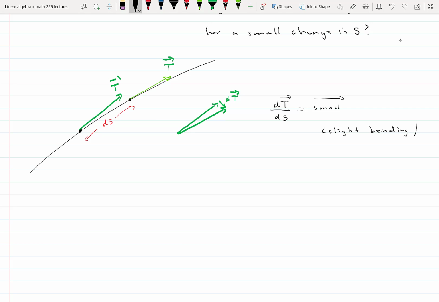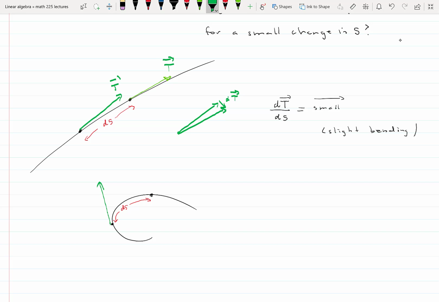Now let's look at the extreme. Here's our new curve, and we're going to start, say, at this point, and we'll consider the same arc length ds. The arc length ds is this little piece of change in the arc length, and here are our unit tangent vectors.